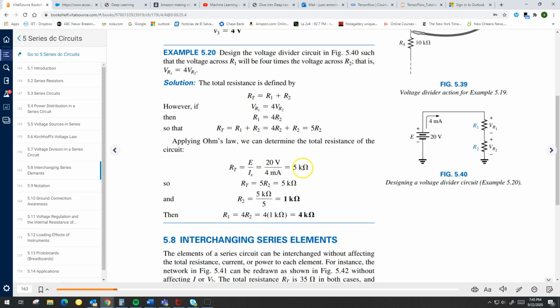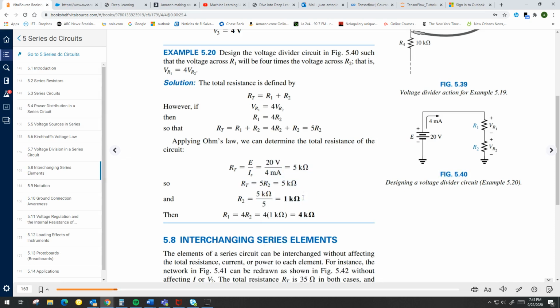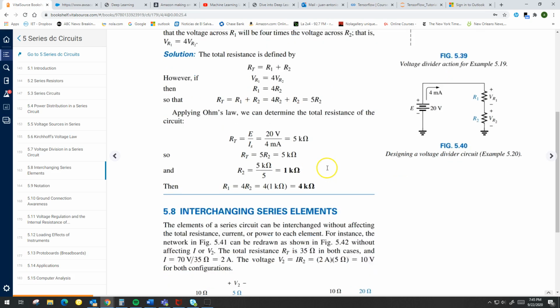Okay. And so now that we know the total resistance, and given this expression here, the total resistance is 5 times R2, you can solve for R2. Since we already solved for R2, then you can solve for R1, right? Okay.